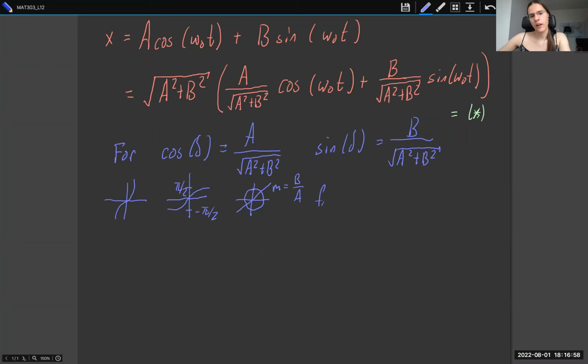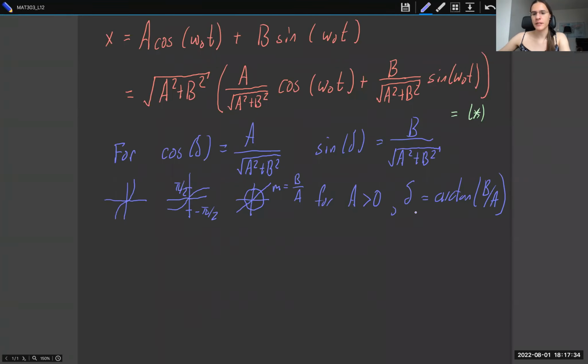So for A greater than 0, delta is equal to arctan B over A. And if A is 0, then we can get the value either pi over 2 or minus pi over 2, depending on the sign of B. And if A is less than 0, then we have to flip this and take angles in this range.